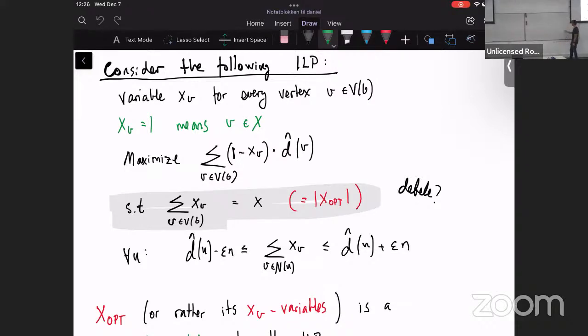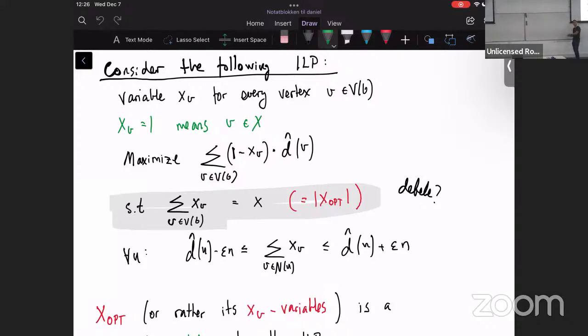On one hand, it maximizes the sum over all the vertices not in S of their estimated degree into X. But the second thing I want to make sure is that for every vertex, his actual degree into S should be close to his estimated degree into X. And that's what I wrote an ILP for.